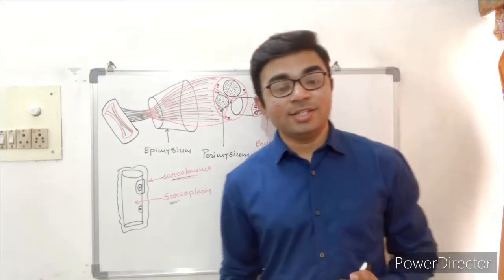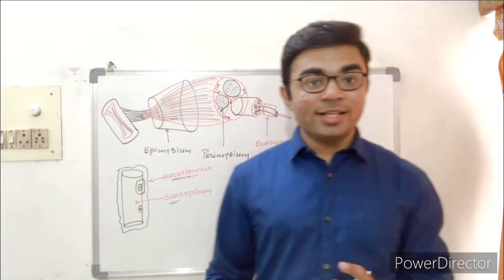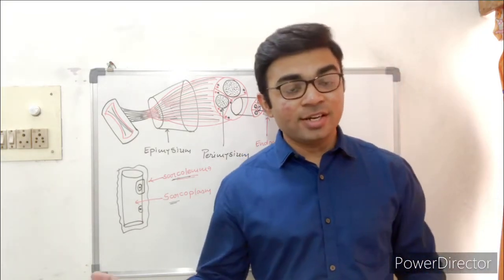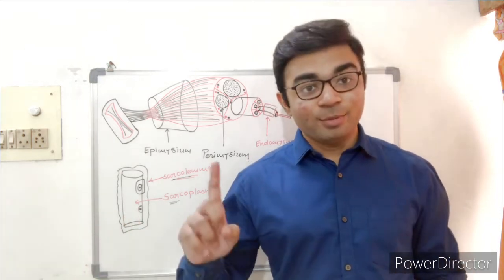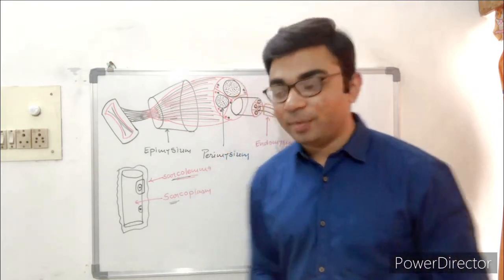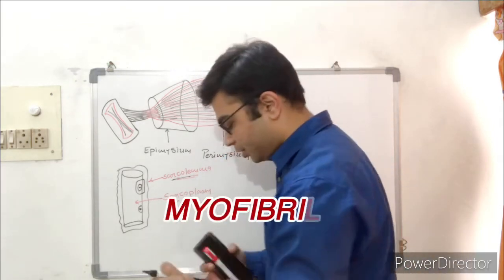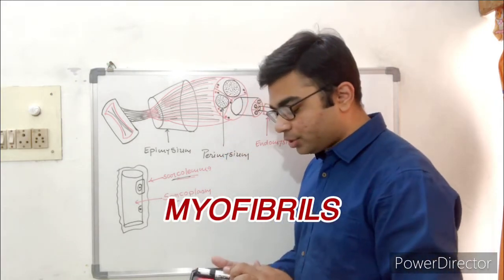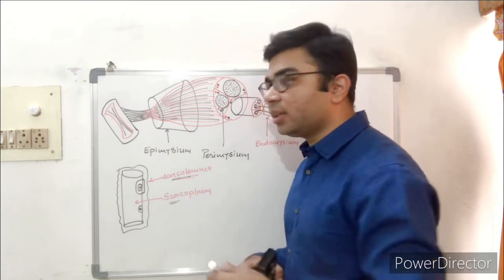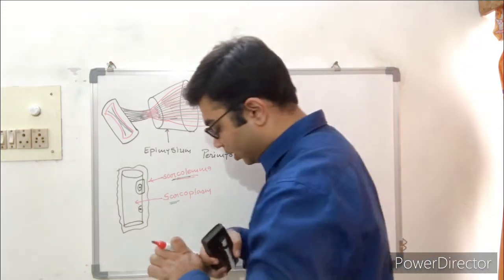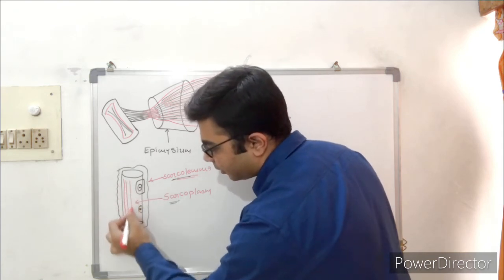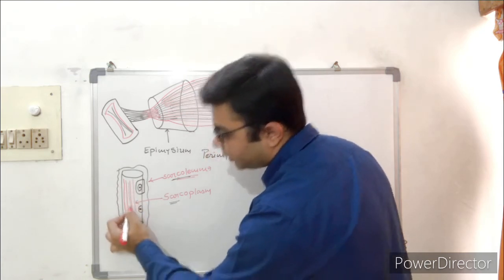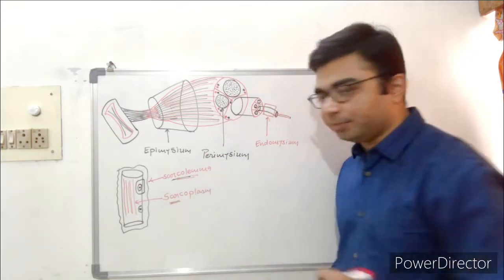Sarcoplasm also contains many other cellular organelles: the Golgi apparatus, ribosomes, endoplasmic reticulum, and the most important structure, the myofibrils. Myofibrils are the most important because these are vertical, or I can say parallel, lines inside the sarcoplasm.